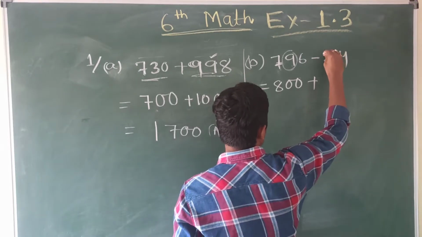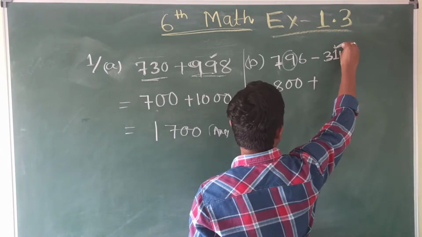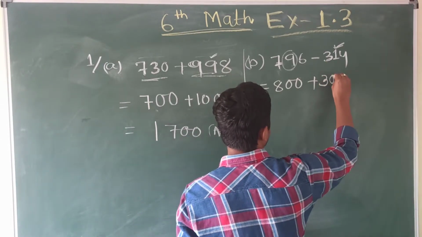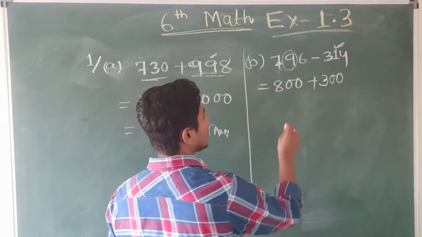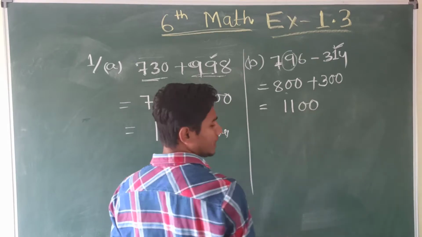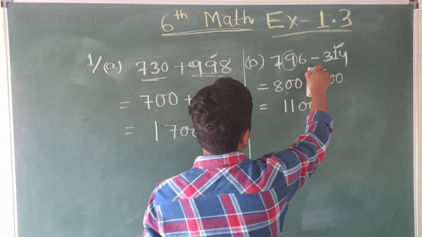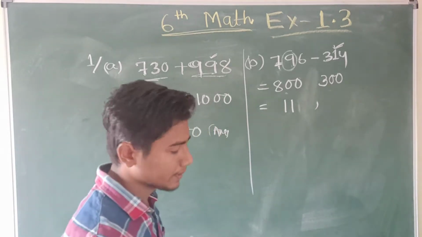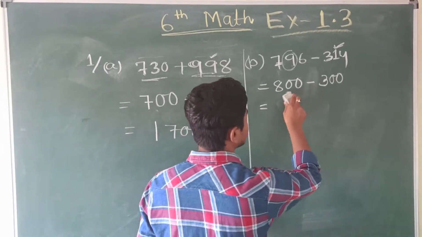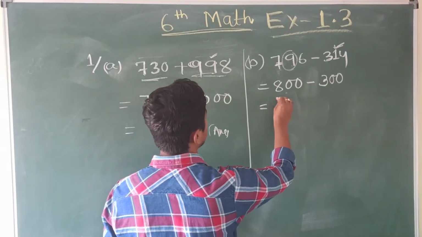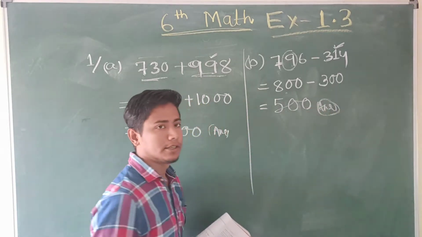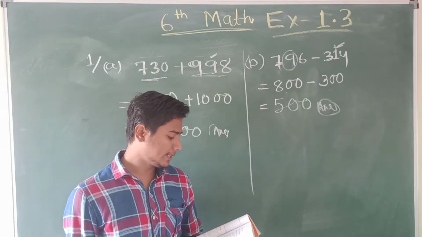Here after 3, 1 is there. This 1 is in the first group, so it remains the same. That is 300. Understood? Now 800 minus 300, since here it is subtraction, that is 500, your answer. So I think question 1c and d you can solve.